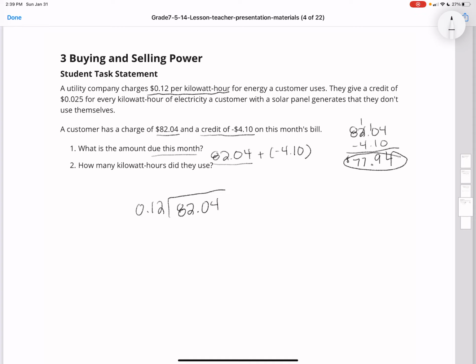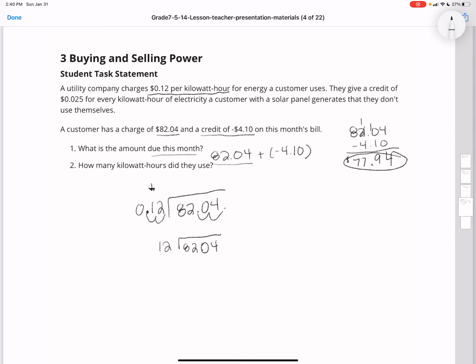Okay. Now, when I divide with decimals, I want to focus on getting rid of the decimal for the divisor. So I'm sliding it over twice. And now I can start dividing, okay? How many times can 12 go into 82 without going over?